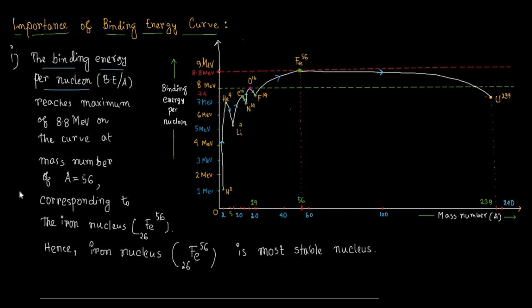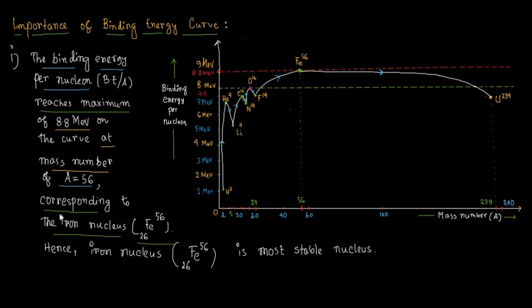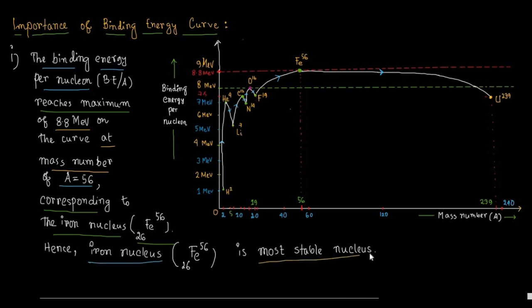The binding energy per nucleon reaches a maximum of 8.8 MeV on the curve at mass number A equal to 56, corresponding to the iron nucleus Fe-56. Hence the iron nucleus is the most stable nucleus.